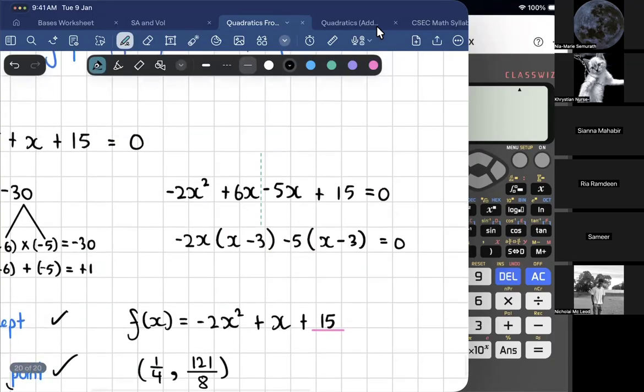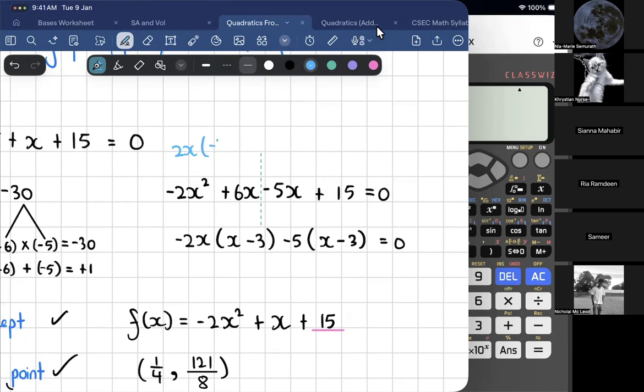Now, there are other ways you could have worked this out, right? Check this out. What if I just pulled out 2x? If I just pulled out 2x, what would I write? x minus 3.